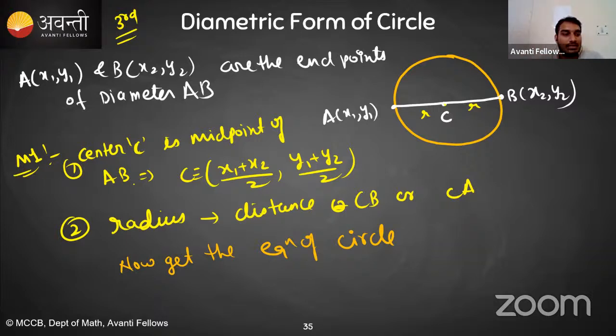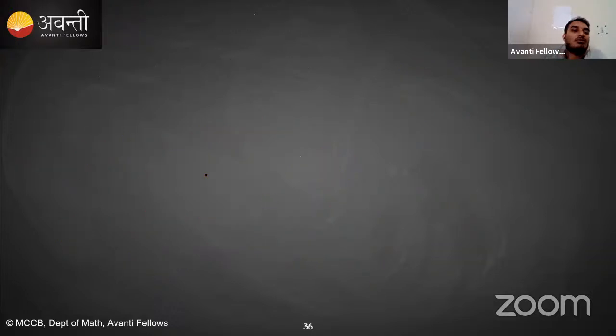Then the equation of the circle is a no-brainer. But it's quite a lengthy process: first use the midpoint formula, then the distance formula, and then find the equation of the circle. Now method 2 is quite an interesting method.